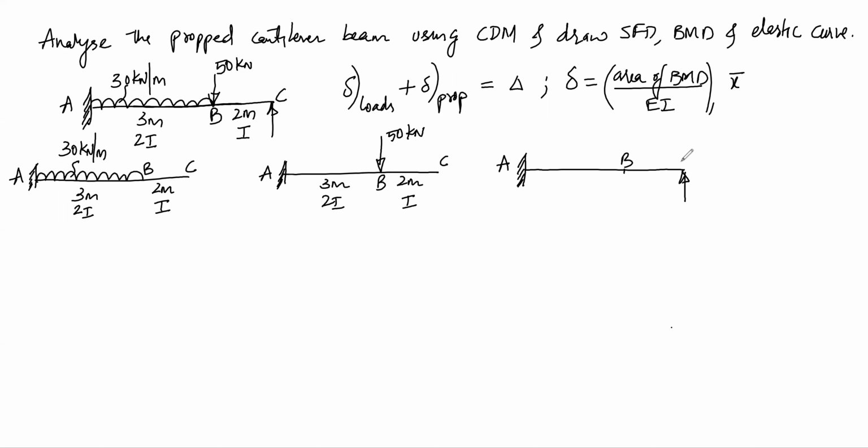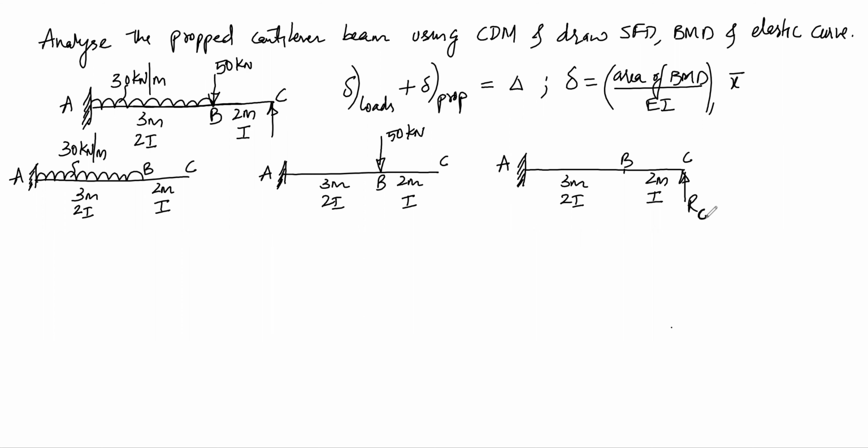This is point A, point B, point C. And here this is 3 meters, 2I. This is 2 meters and I. So let us consider this prop as RC, that is reaction at point C. So these are the 3 beams which have been divided based on loads and based on props.